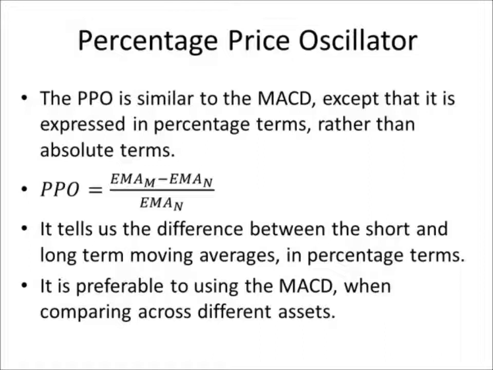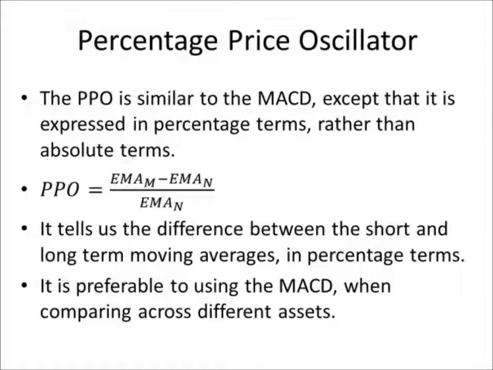Now if you take a look at the PPO formula, what you see is that the PPO is equal to the fast moving average minus the slow moving average, divided by the slow moving average. And you can see this is very similar to the MACD calculation. The numerator of this equation is actually the same as the MACD line. The only difference is that we divide it by the slow moving average.